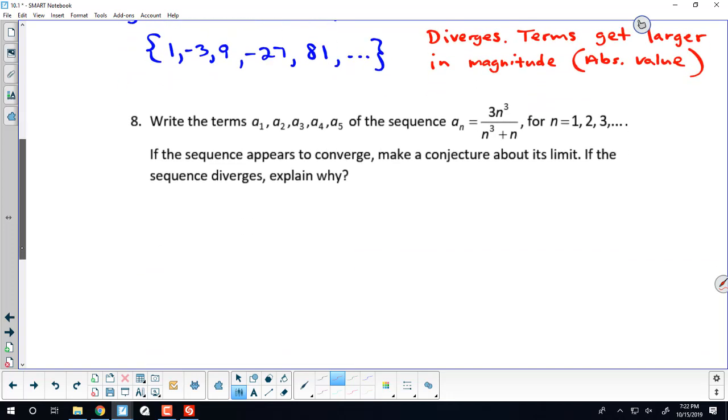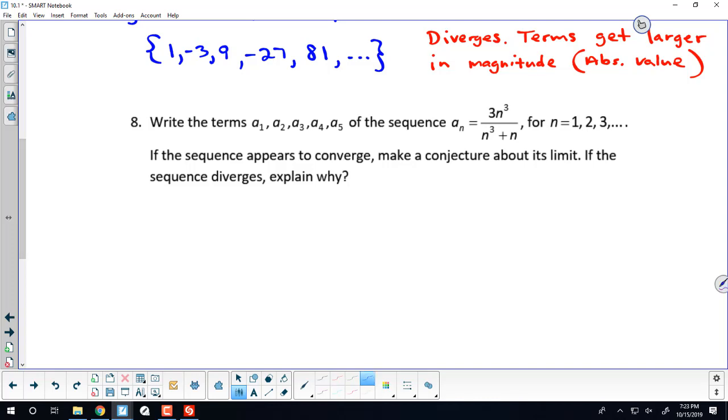So before we even write out the terms in number 8, the sequence of 3n cubed over n cubed plus n, would that converge or diverge? Diverge? Okay. Does anyone think it would converge? So let's just see, how do we test? What do we have to compute?